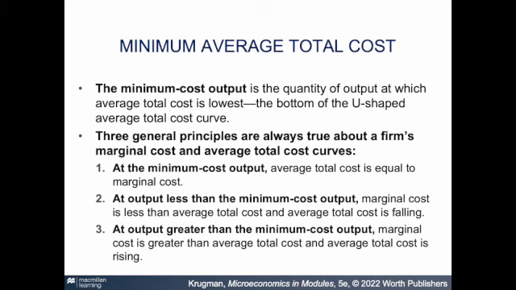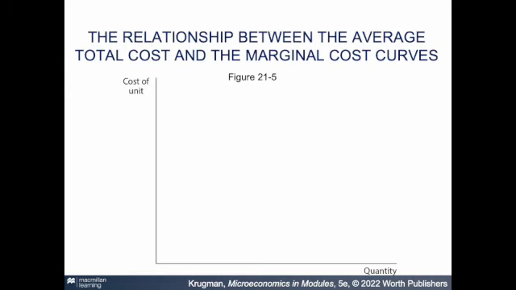At output less than the minimum cost output, marginal cost is less than average total cost and average total cost is falling. 3. At output greater than the minimum cost output, marginal cost is greater than average total cost and average total cost is rising. The relationship between the average total cost and the marginal cost curves.